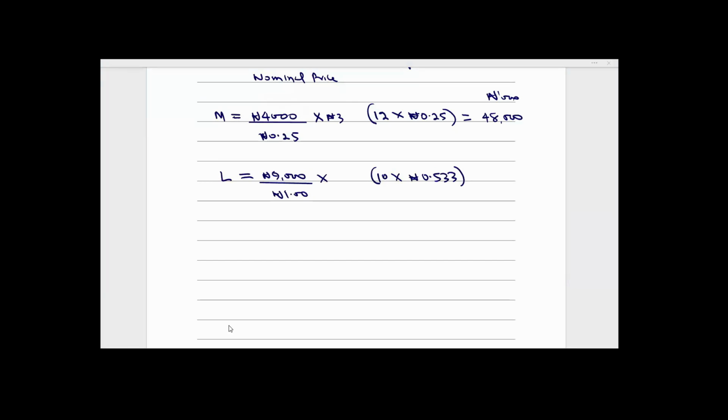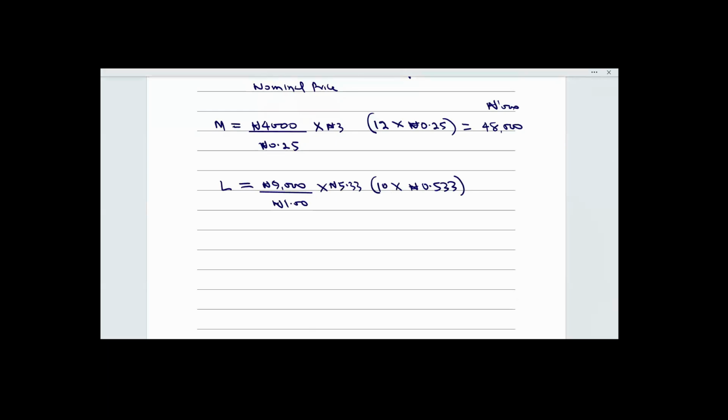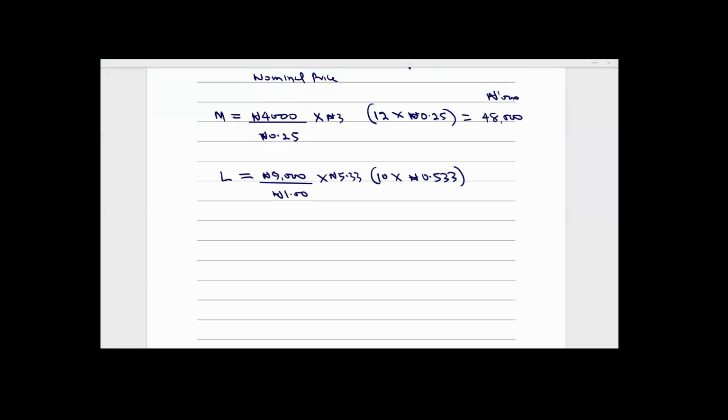That's 5.33, so here is 5 naira 33 kobo. All right, so 9,000 multiplied by 5.33 is 47,970. So I will do for Zambezi.